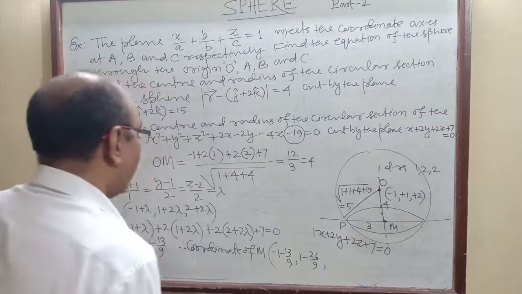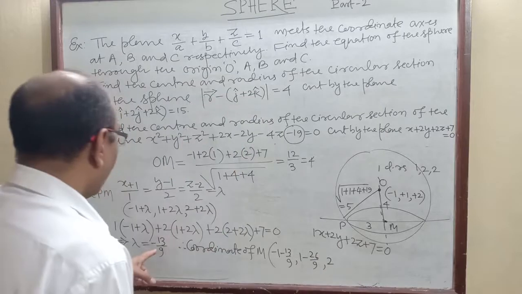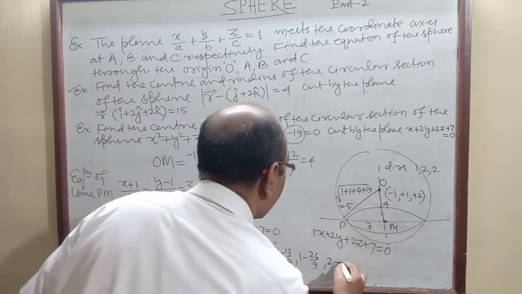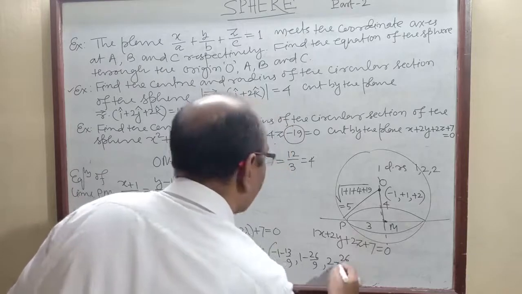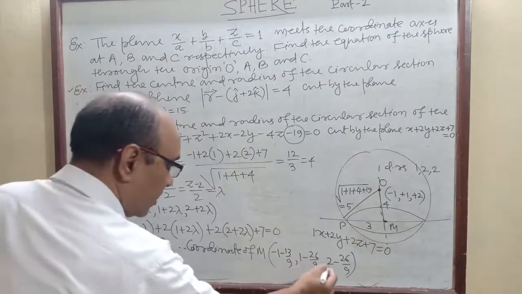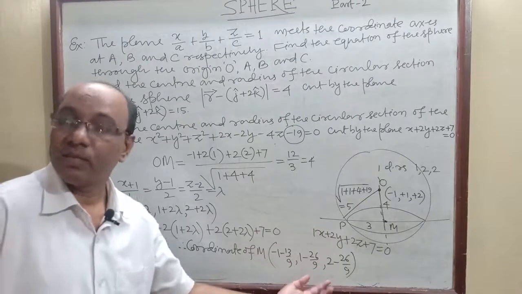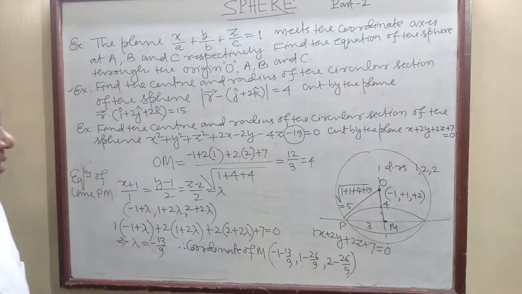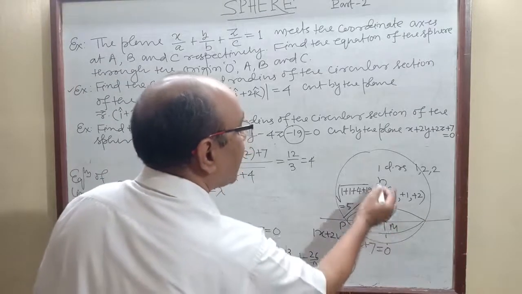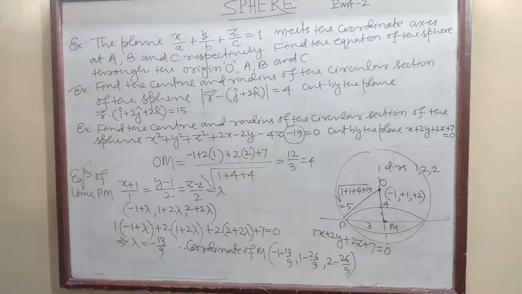Then the z coordinate will be 2 plus 2 lambda, so it is 2 minus 26 by 9. This gives you the coordinates of point M. So in this way you can find the radius of the circular section as well as the center of the circular section.